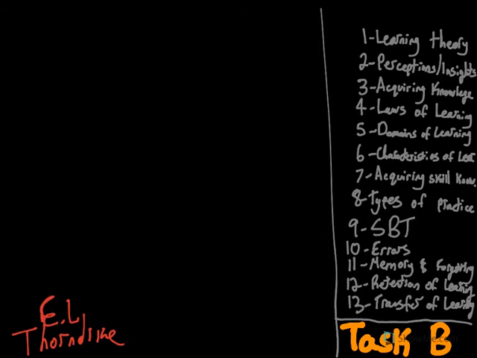E.L. Thorndike. Might have misspelled it, but it's okay. We got the point across. E.L. Thorndike created the laws of learning. And this, according to him, is a student will not learn unless X, Y, Z. So, for the laws of learning, we use Weber.